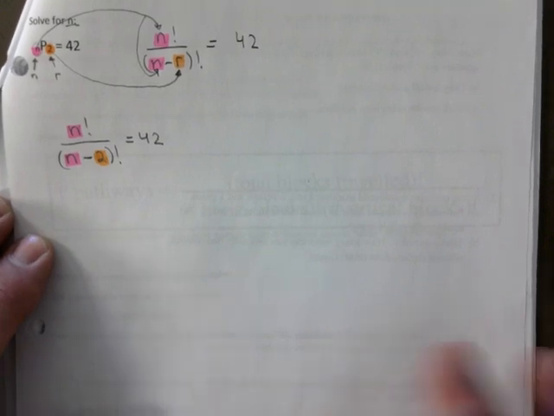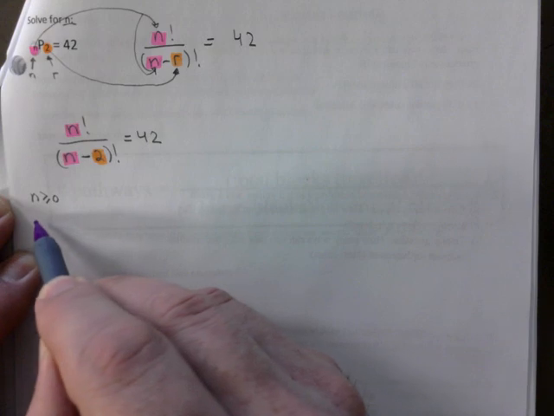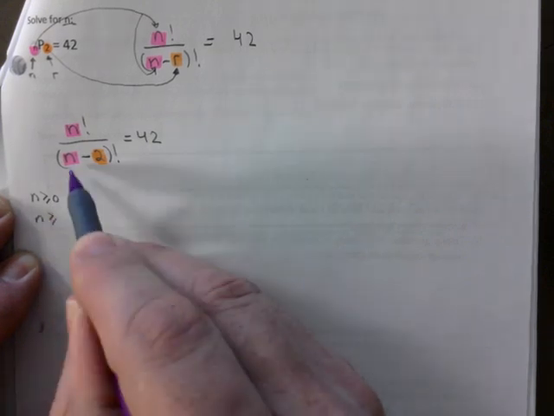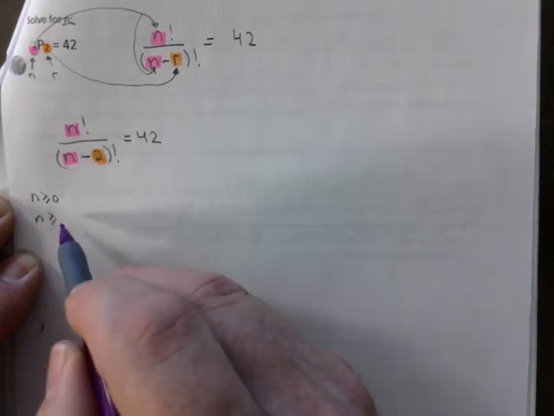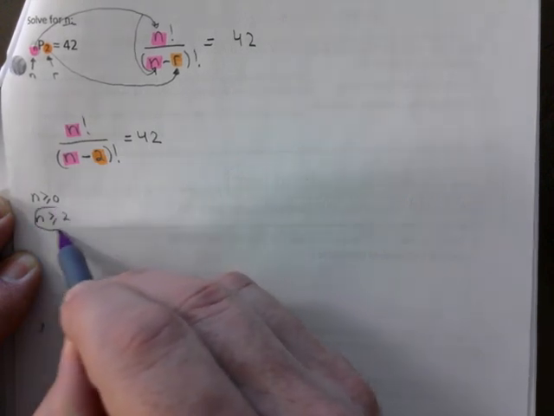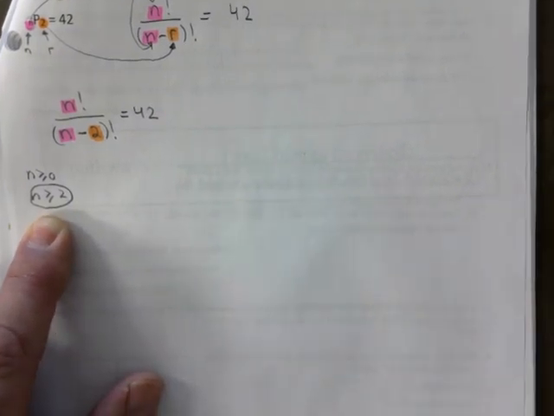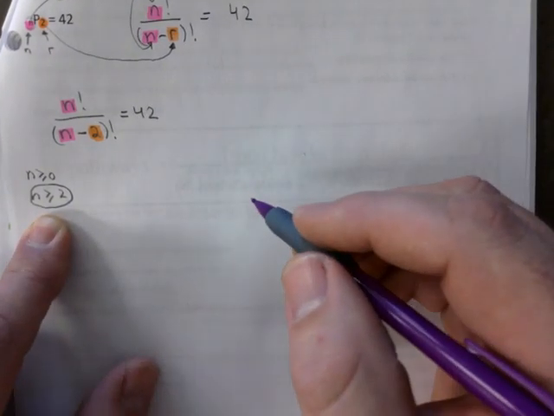Okay, so now it's basically like before. At the top, n has to be greater than or equal to 0. In the denominator, n has to be greater than or equal to 2, right? There you go. So that's my overall restriction.